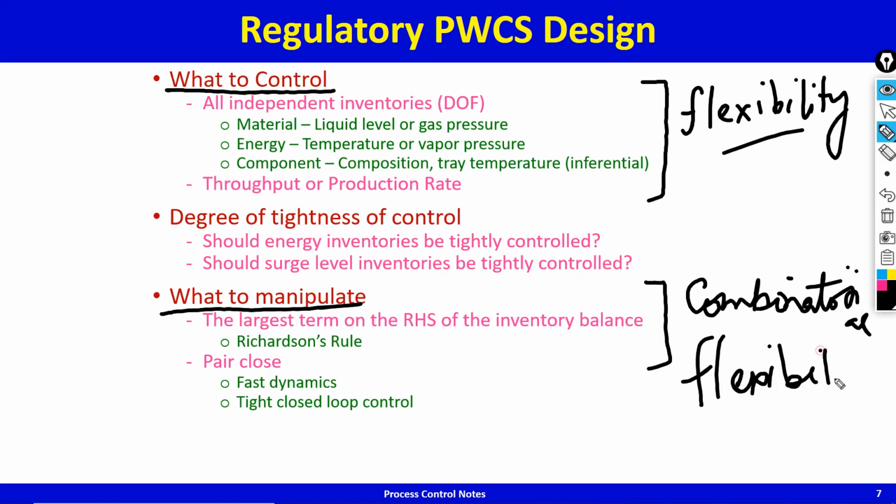So the combinatorial flexibility and the choice of what to control, these two flexibilities make the plant-wide control design problem actually sort of like piecing together a puzzle. What do you want to control? No straight answers. Well, there are some straight answers, but you need to know. Okay. And once you figured out what to control and the reason why you want to control those things, then the next flexibility is what to manipulate.